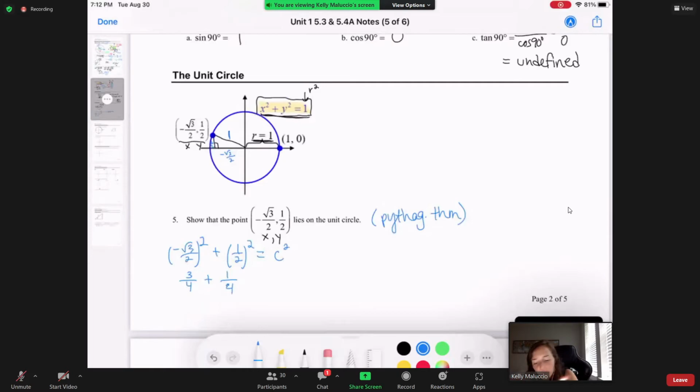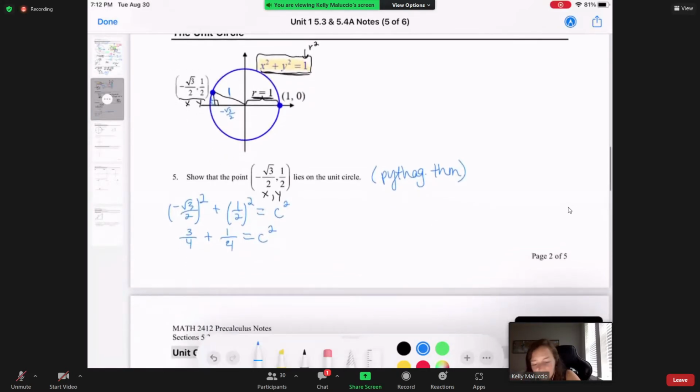So I get 3/4 plus 1/4, and that will be just 1, and that's c squared. And so c equals 1, and it's got to be on the unit circle, because if the hypotenuse equals 1, then we're on the unit circle. So we're good to go.